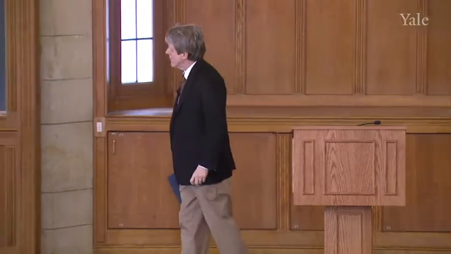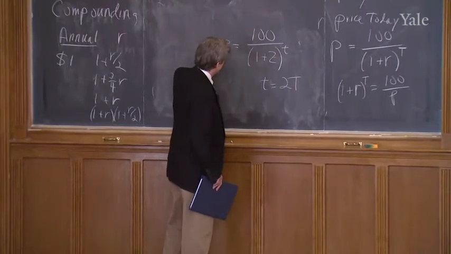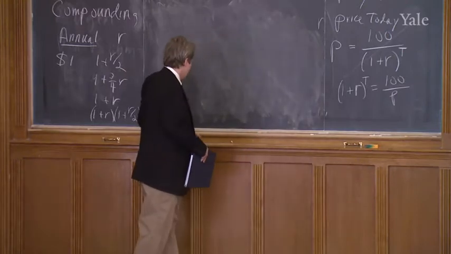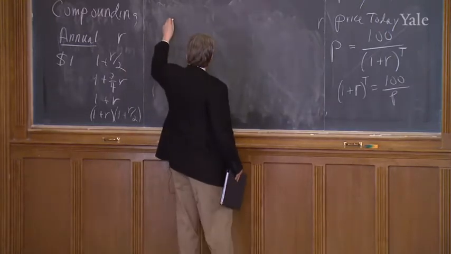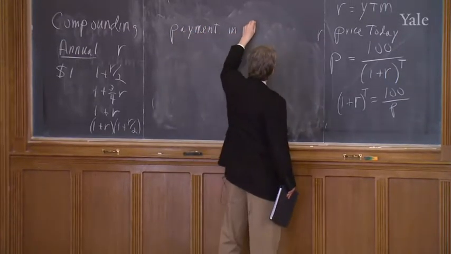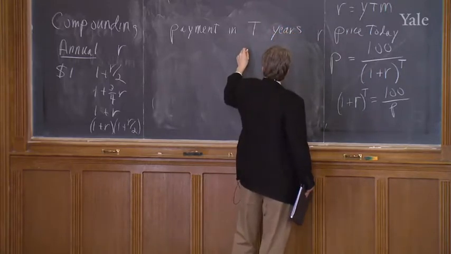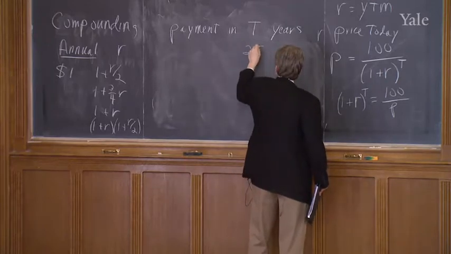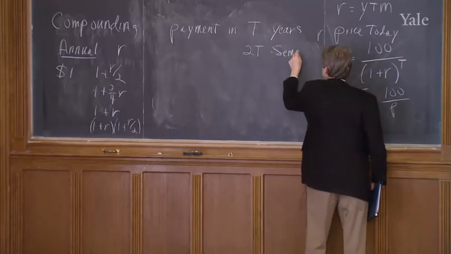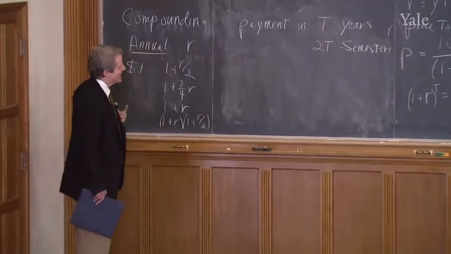Okay. Now, a fundamental concept in finance is present discounted value. If you have a payment coming in the future, in T years, or 2T 6-month periods, we could say semesters, then the present value depends on how I compound.